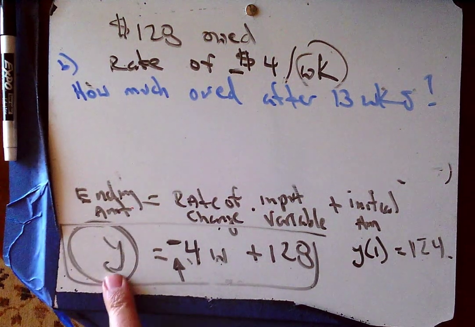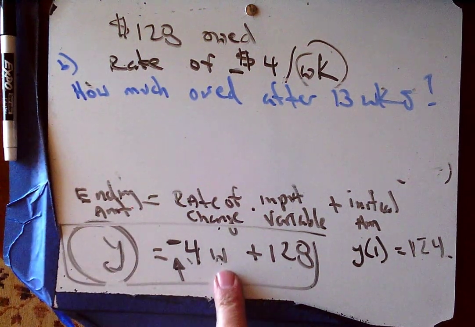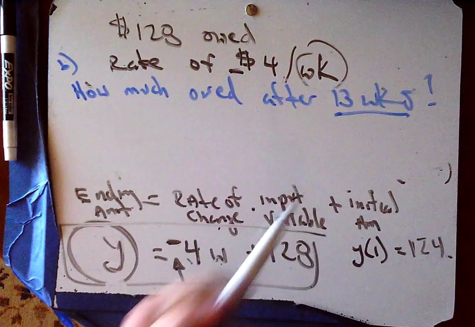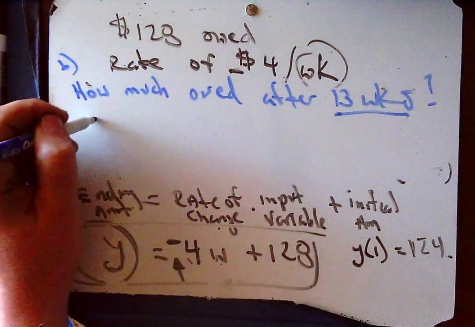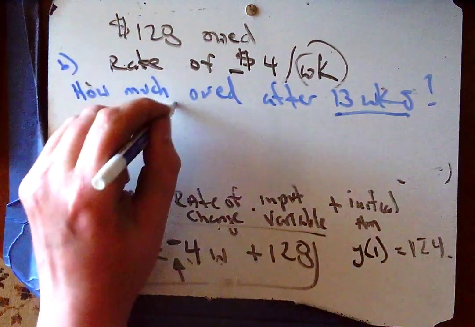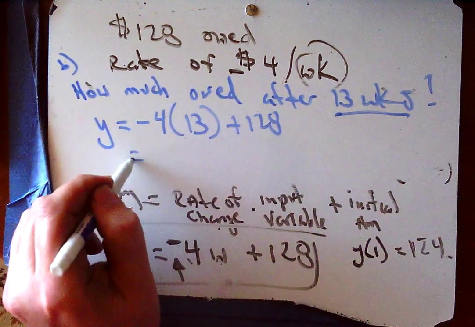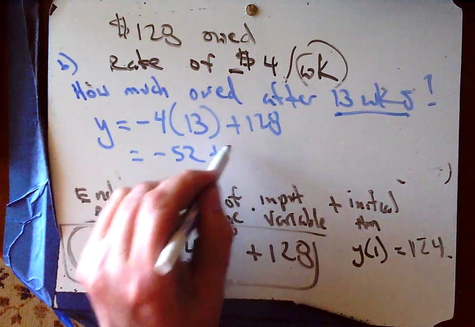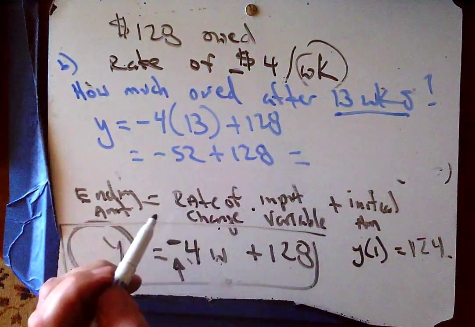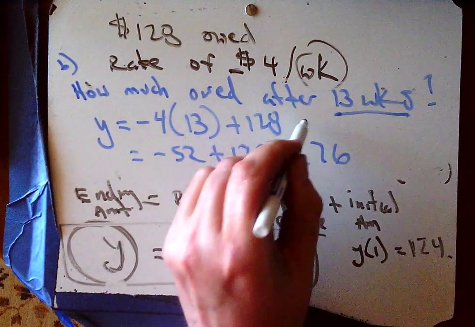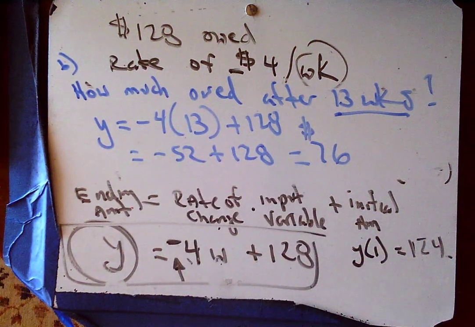Does it go in for how much he owes or how many weeks? Well, this is a number of weeks, and so I want to put it in for W. y equals negative 4 times 13 plus 128. So negative 52 plus 128. That's going to be 76. After 13 weeks, he owes you $76.